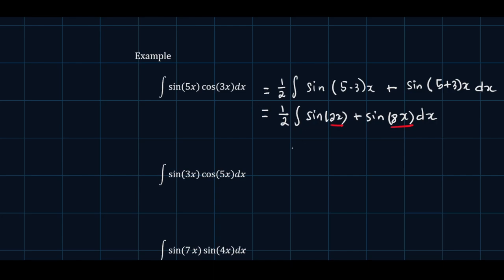Please verify that after applying the necessary substitution, we're going to end up with negative cosine of 2x all over 4 minus cosine of 8x all over 16 plus c.